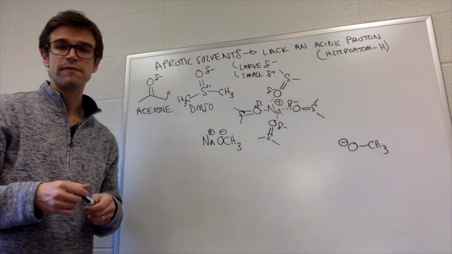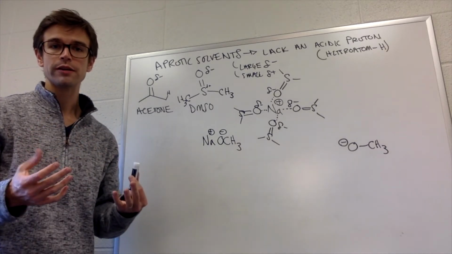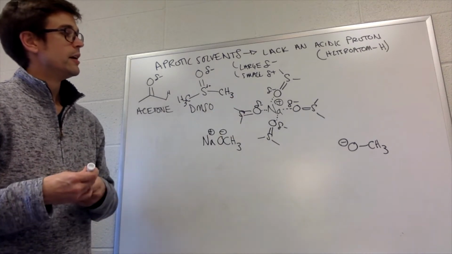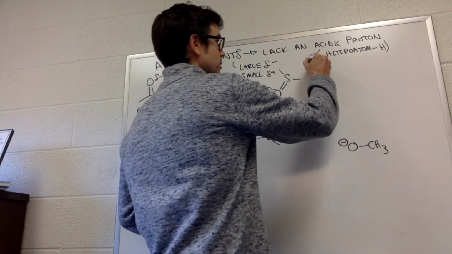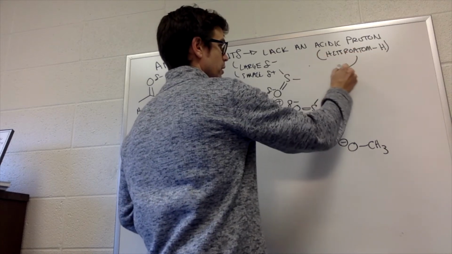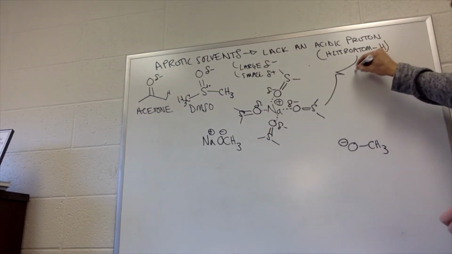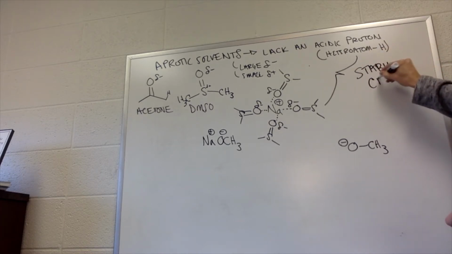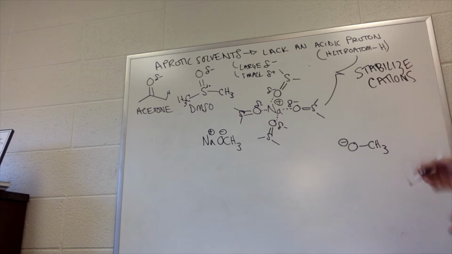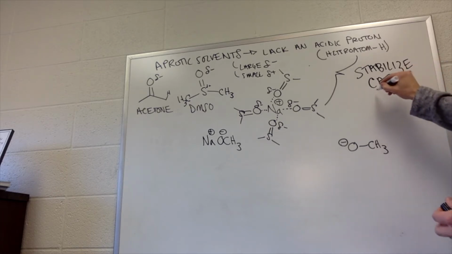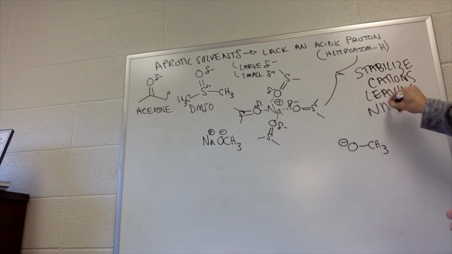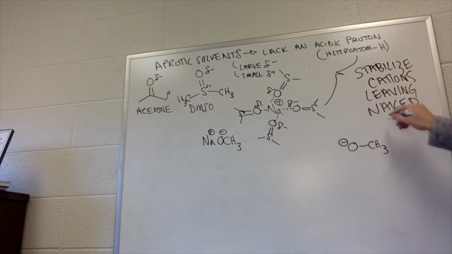So what is the effect of polar aprotic solvents on nucleophiles? Well, it stabilizes cations. So we'll write it here. Polar aprotic solvents stabilize cations, and that leaves naked anions.